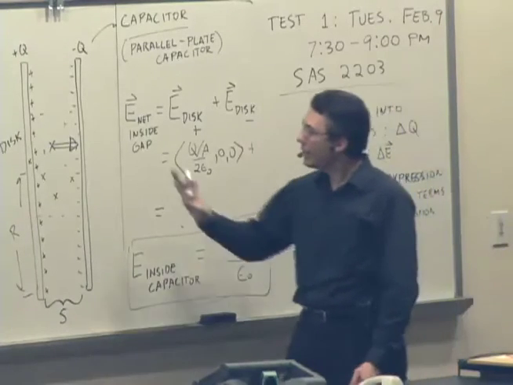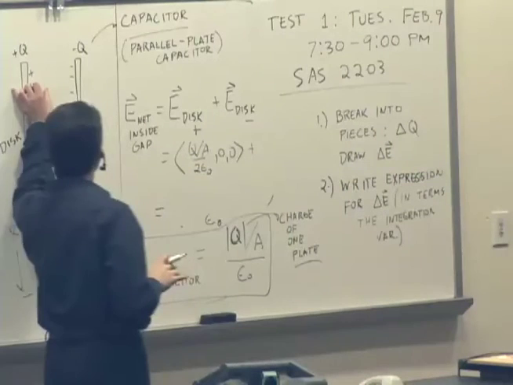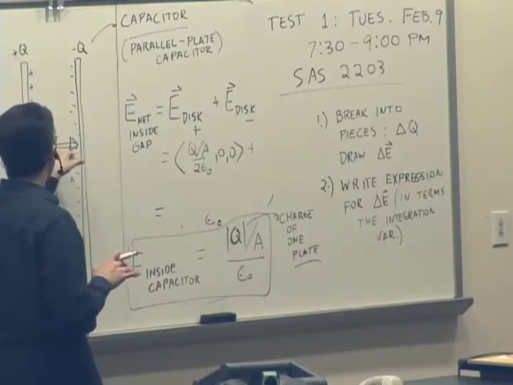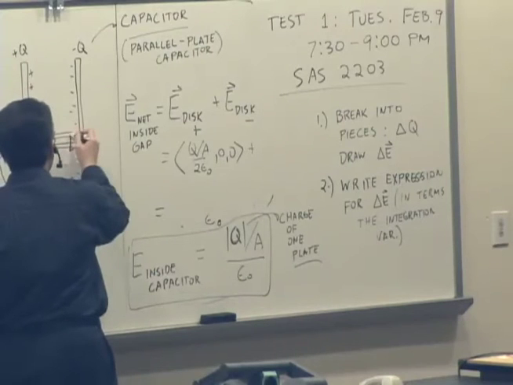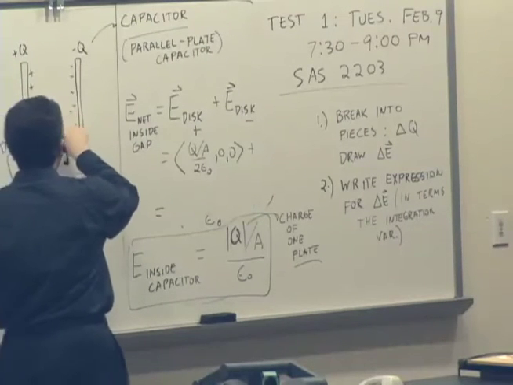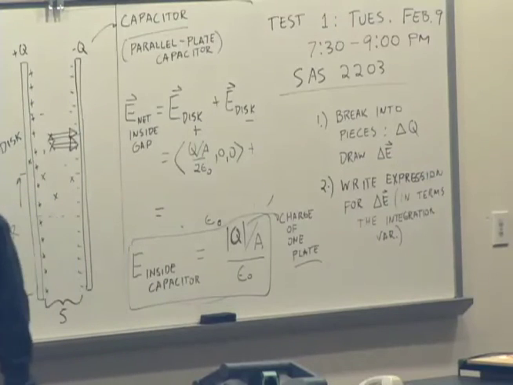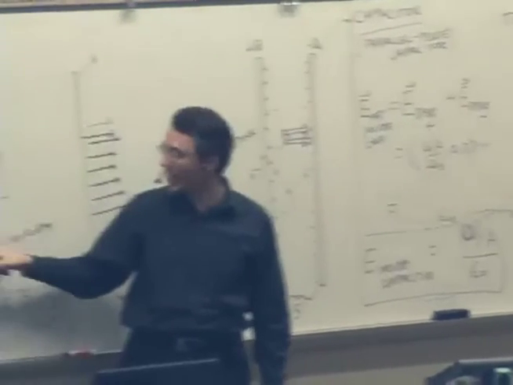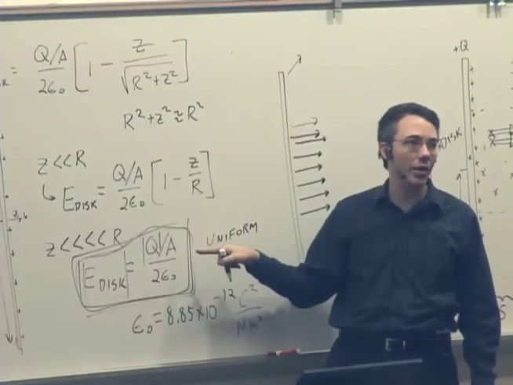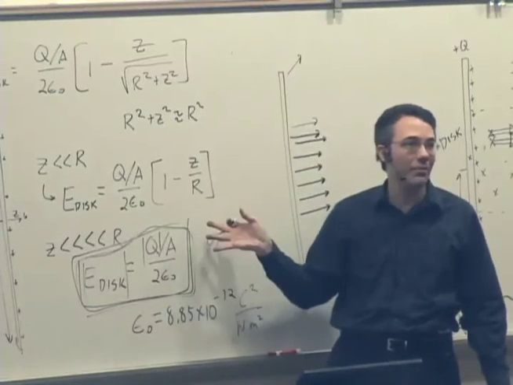If I ignore the positively charged disk and focus on the field due to the negatively charged disk, it's pointing towards the negative charge, and it has the same magnitude because it has the same magnitude of charge and the same area, and there's no distance dependence here. If we're close enough to that disk, that's all that matters.